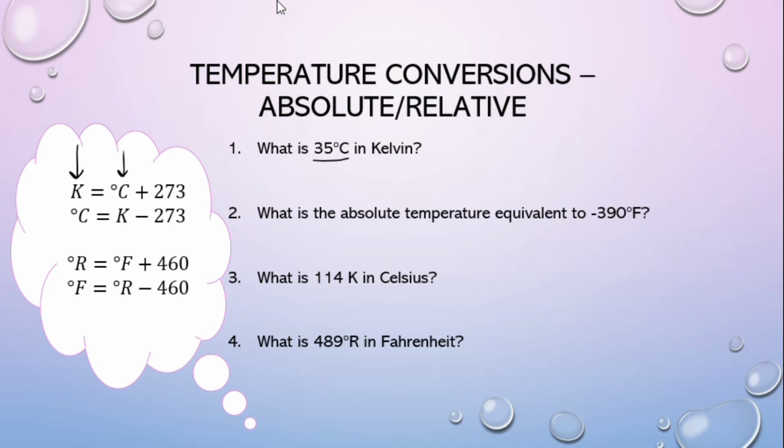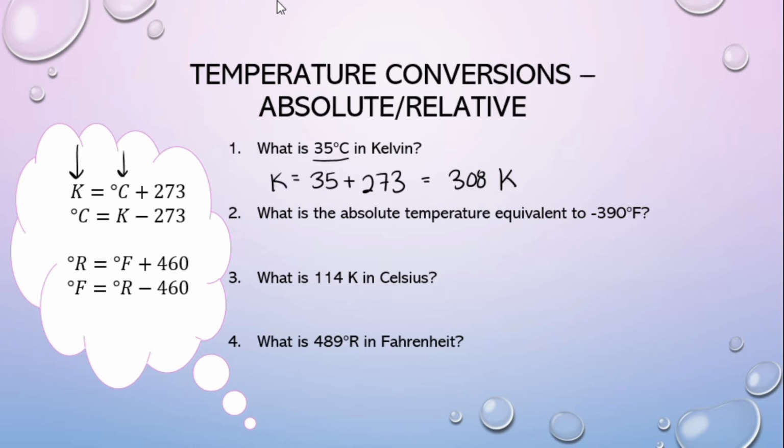So it's pretty straightforward. Kelvin is equal to the temperature in Celsius plus that 273. And that just is because 0 degrees Celsius is 273 Kelvin. That's where that's coming from. So we have 308 Kelvin, the only temperature that doesn't have the degree symbol in it.